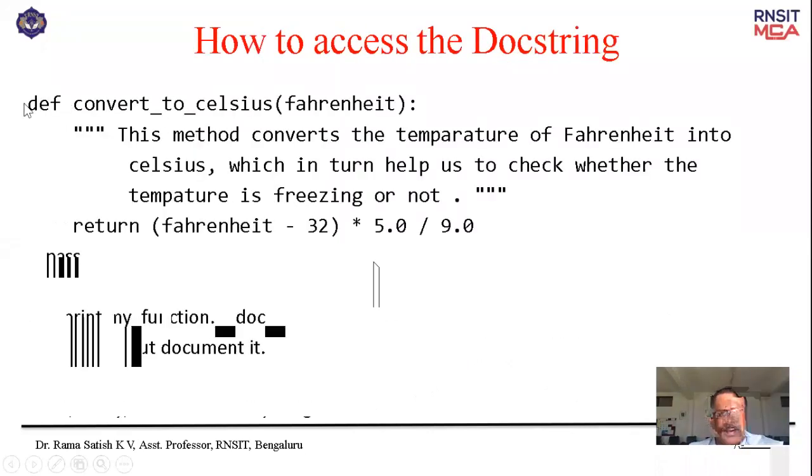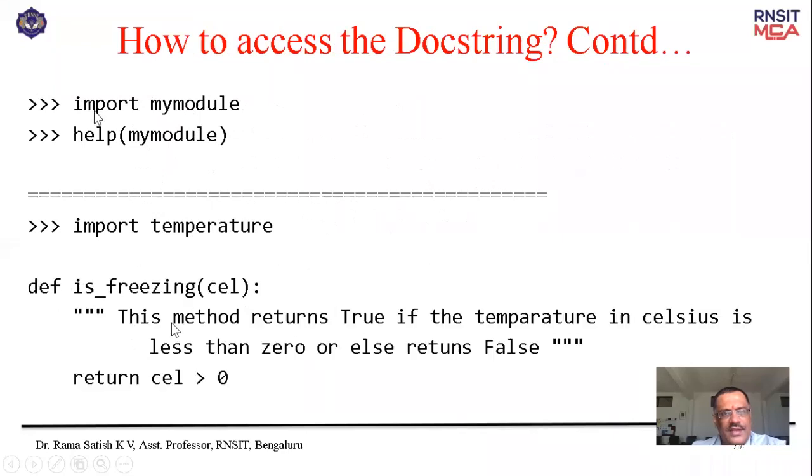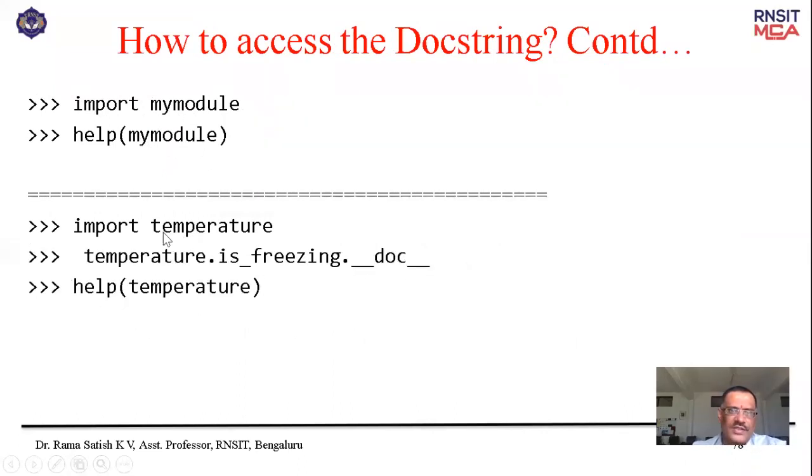we have written the docstring for the temperature module. It is convert to Celsius, and is freezing also we have written, and you can access them either directly by module help, or temperature dot is freezing dot. Temperature is a very big word, so I can make it import temperature as T. You make it T dot. The same thing we did here.